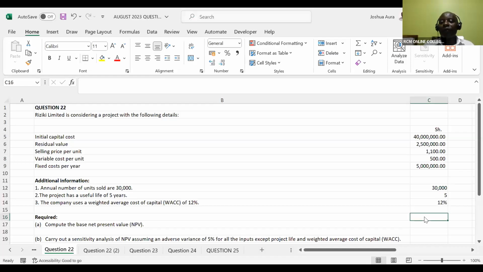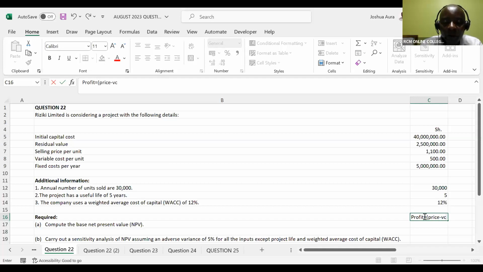How do we get cash flows? First of all, by ascertaining profits. If you remember, there is a very important formula that I must always remind you guys that anytime you want to get profit in this kind of situation, you'll be taking the price given, you subtract the variable cost.